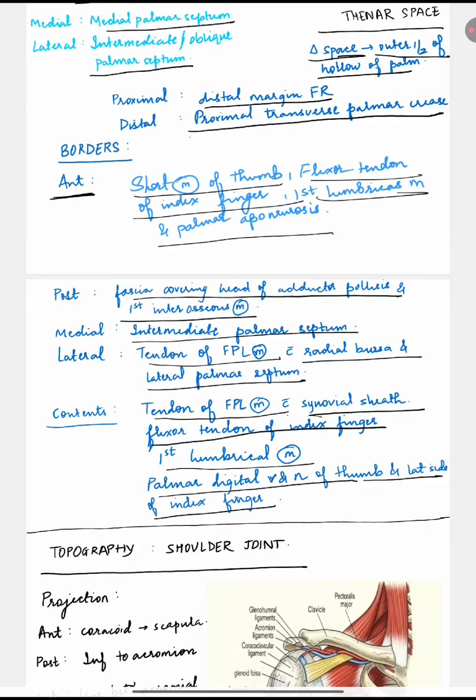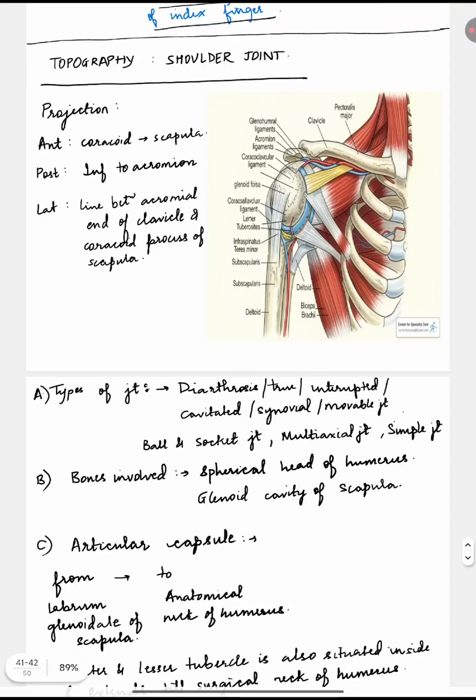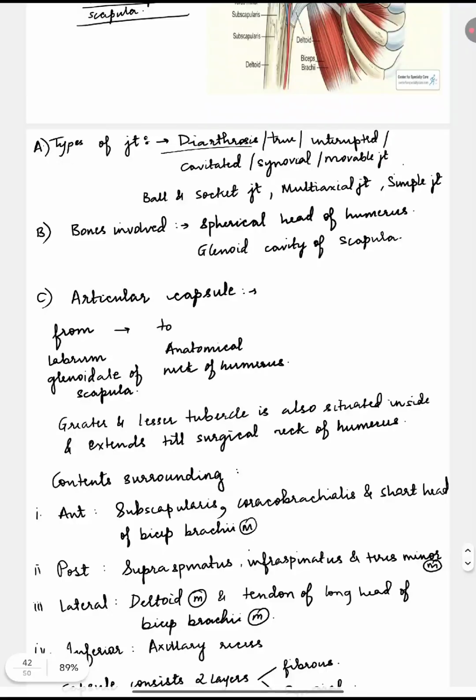Now topography of the shoulder joint. Shoulder joint projection: anteriorly the coracoid process of the scapula, posteriorly inferior to the acromion, laterally a line between the acromial end of the clavicle and the coracoid process of the scapula. The type of joint is diarthrosis, which is also called a true interrupted cavitated synovial movable joint.